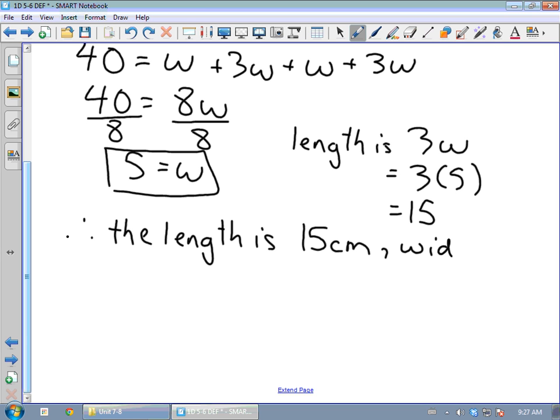Comma, width is 5 centimeters. Okay? They gave us centimeters in the original question for our perimeter, so we got to work those centimeters into the final answer. Okay. So we set it up, we get our equation, and then we solve.